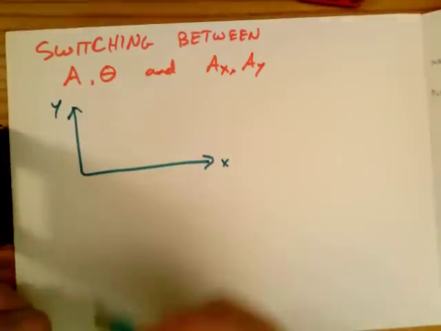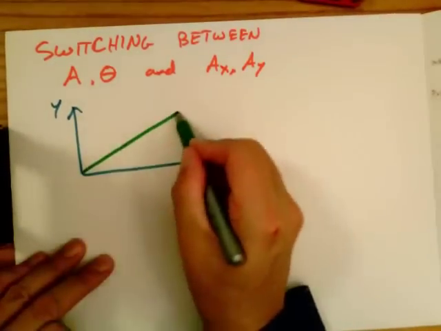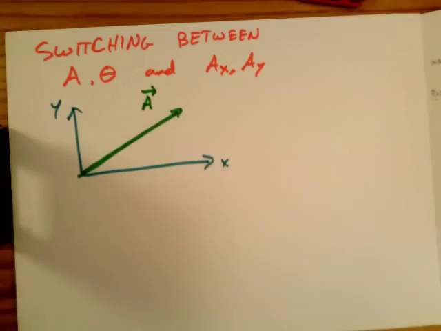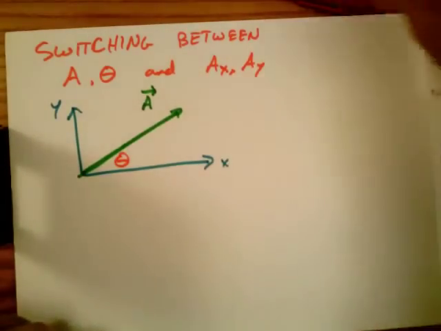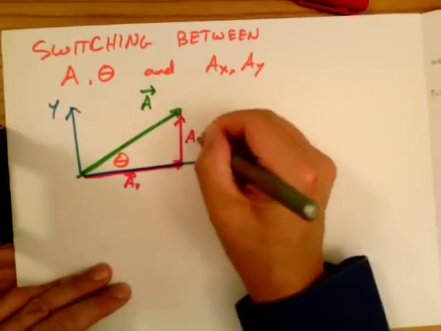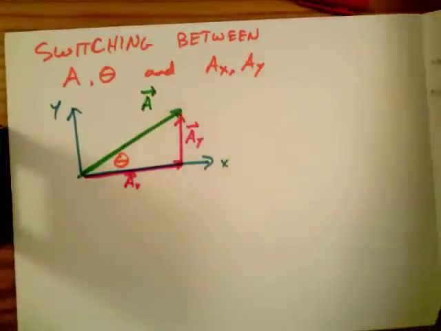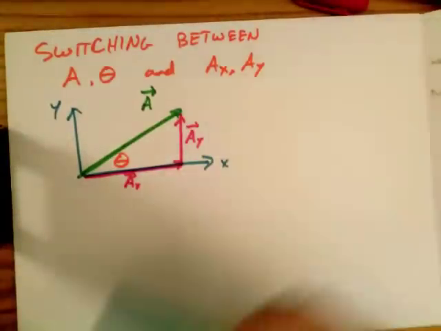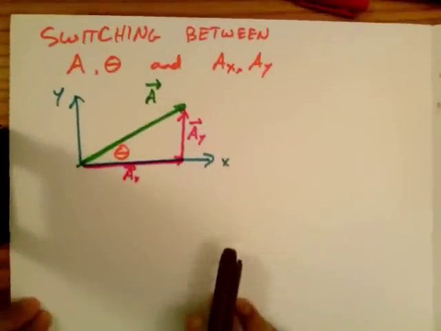Let's draw our vectors again. There's our vector A with its length A and its direction theta. And of course, this vector has 2 components, A sub x and A sub y. Those are vector components with magnitudes A sub x and A sub y without the vector signs. So I've got a triangle here.